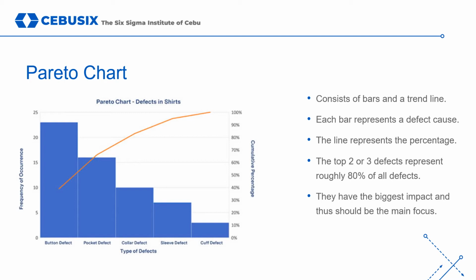Most charts will also feature a line that indicates the total percentage, starting lower on the left until it reaches 100% on the right. Statistical software can be used to create such charts with formatting and other elements automatically. But you can also create a basic Pareto chart with a line using just Excel.